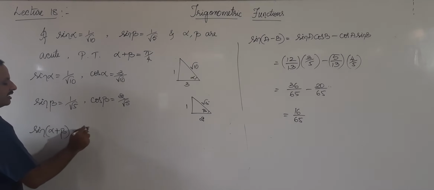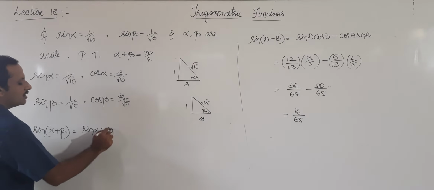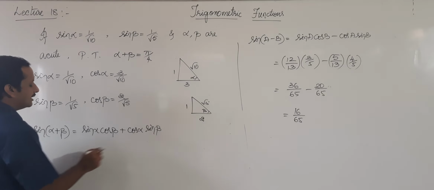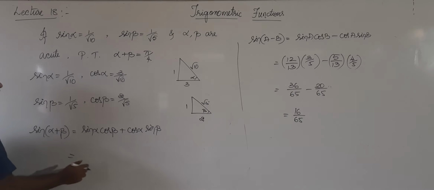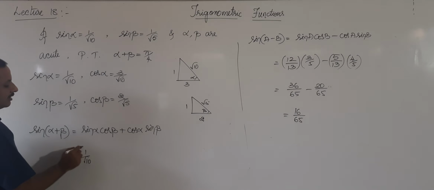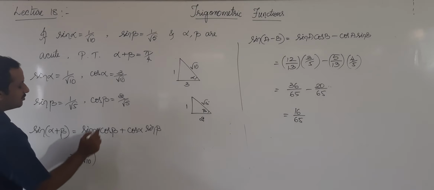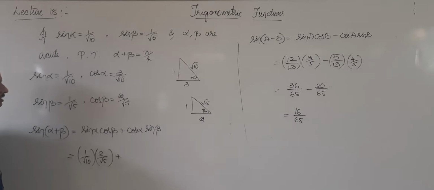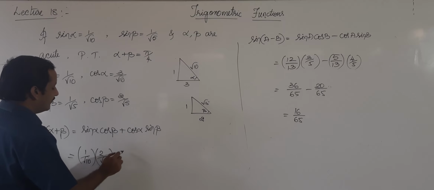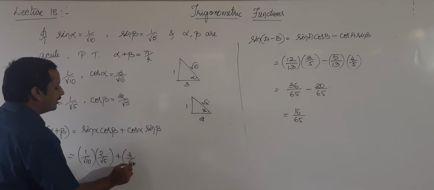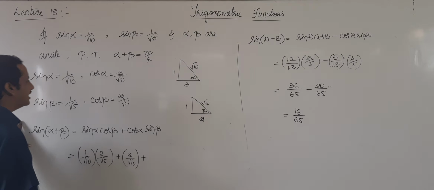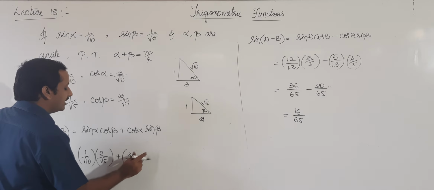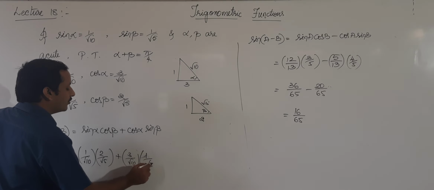Sin(alpha plus beta) is equal to sin alpha cos beta plus cos alpha sin beta. That's equal to sin alpha into cos beta, 1 by root 10 into cos beta. What is cos beta? 2 by root 5, plus cos alpha, which is 3 by root 10, into sin beta, that is into 1 by root 5.